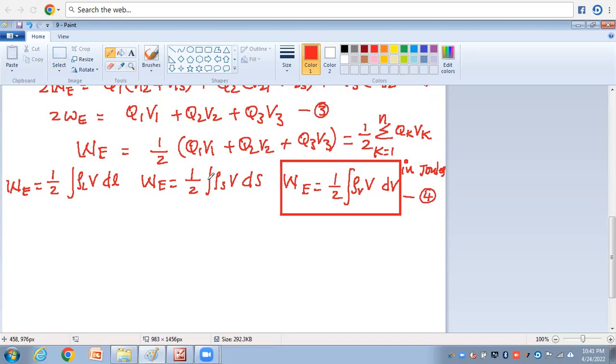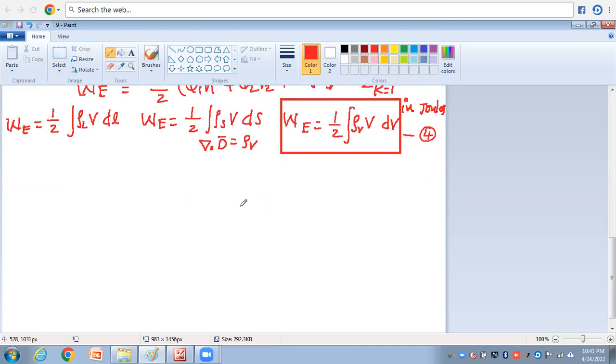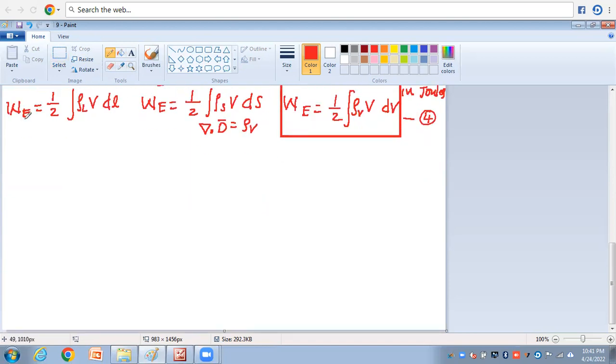Now in this expression 4, substitute del dot D bar equal to rho v. So in the place of rho v, I will substitute del dot D bar. Okay, now what happened?